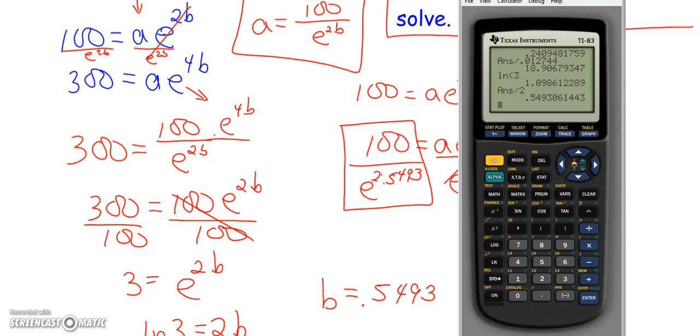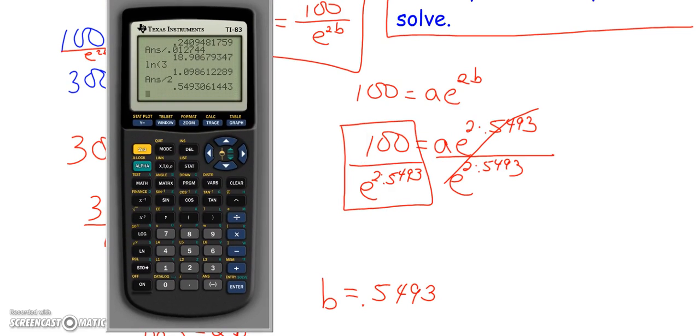So right here, I have to do e to the 2 times 0.5493. That's our estimation. So close those parentheses, get an answer, and I want to take 100 and divide by it. A is approximately 33.3.